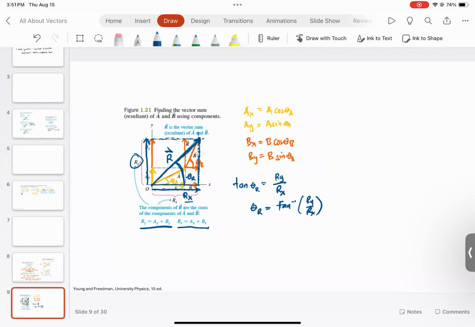So using the graphical method, we can certainly verify kung itong nakuha natin sa component method is the same.